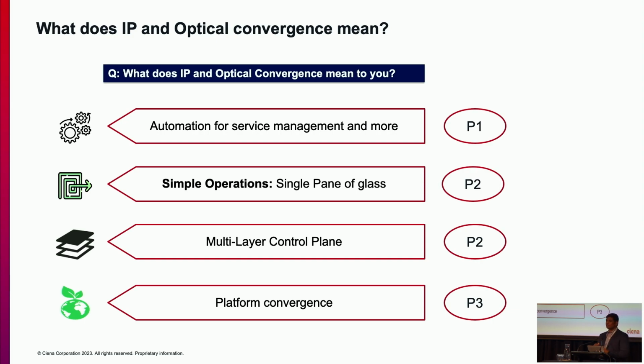Wanted to optimize service provisioning across different layers. A multi-layer control plane and single pane of glass holds the second priority for operators or ISPs. And finally, the platform convergence. It's more on the hardware side, where I can have a more sustainable network and reduce a little bit of inventory in my network.